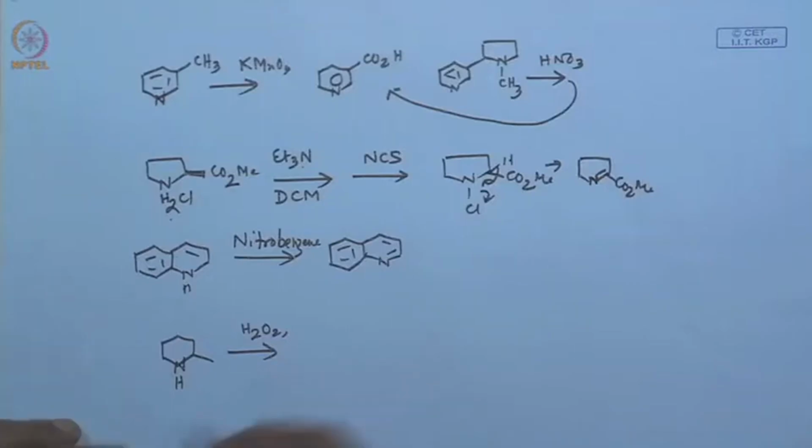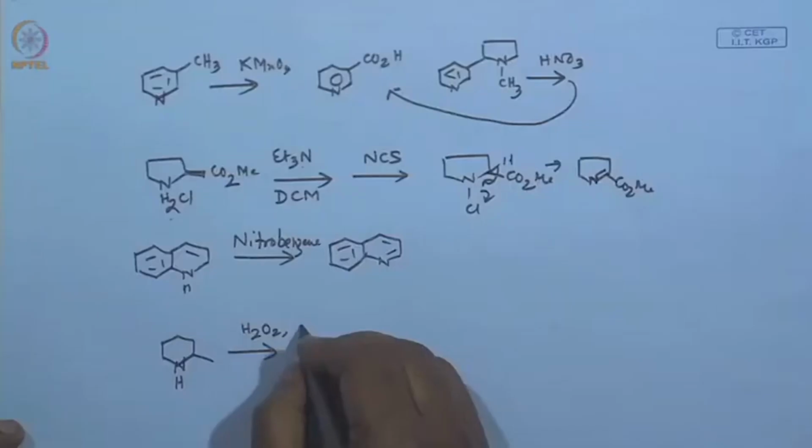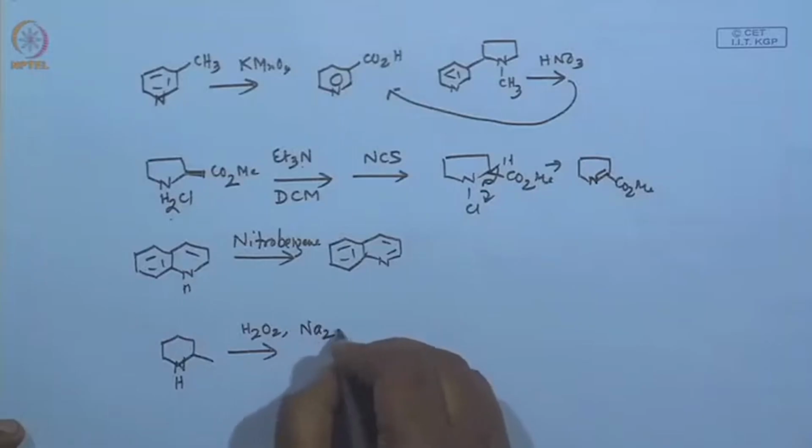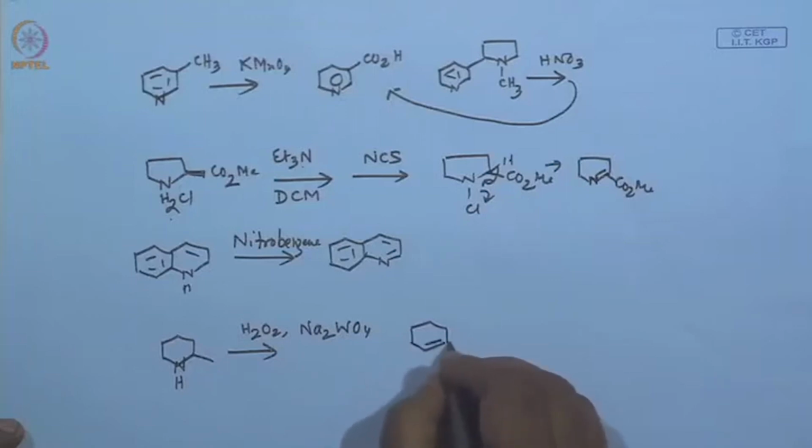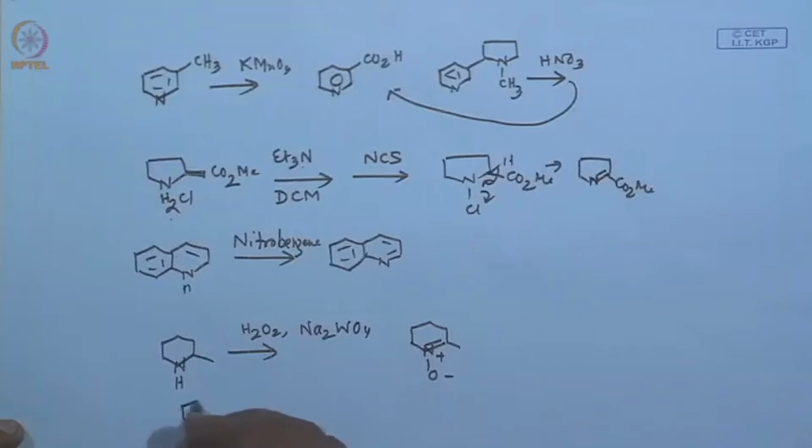For example, if you take hydrogen peroxide and a secondary amine, what are the products? I have already told you. First it goes to hydroxylamine, then next is nitrone. So, in this case, if you take sodium tungstate, it will nicely give the corresponding nitrone. Similarly, take isoquinoline.